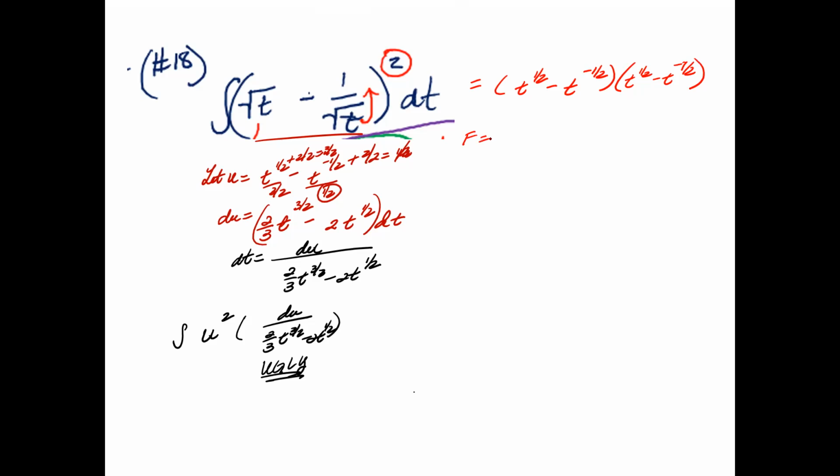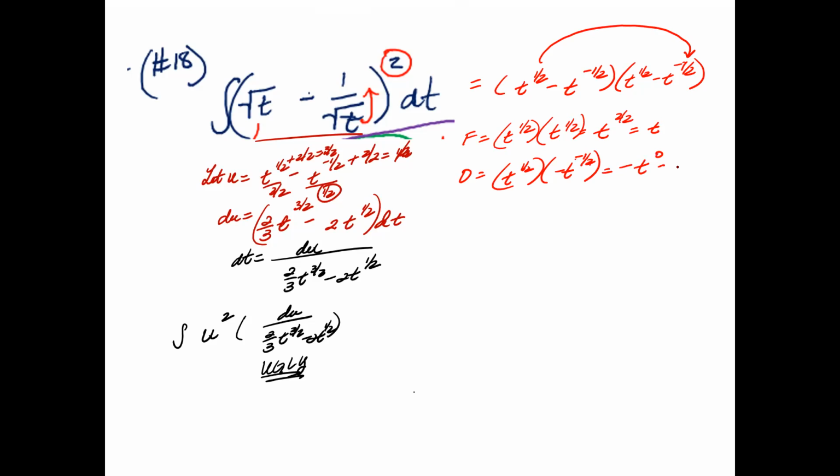So your first is just going to be t to the 1/2 times t to the 1/2, which is just t 2 over 2, which is just t. Your outer is going to be t to the 1/2 times a negative t to the negative 1/2. So 1/2 minus 1/2 is going to be a 0. So you have negative t to the 0 power, which is just negative 1.